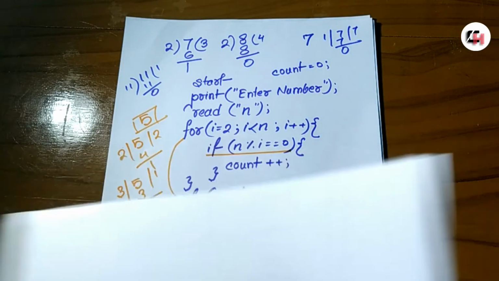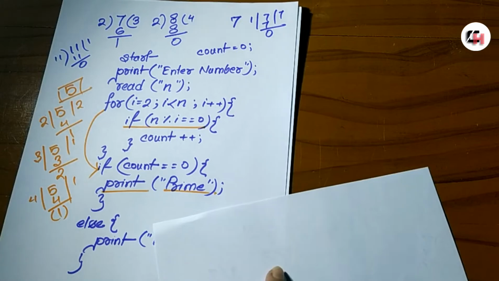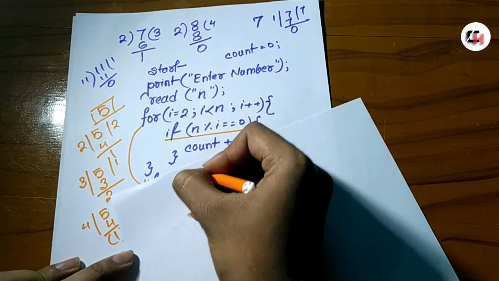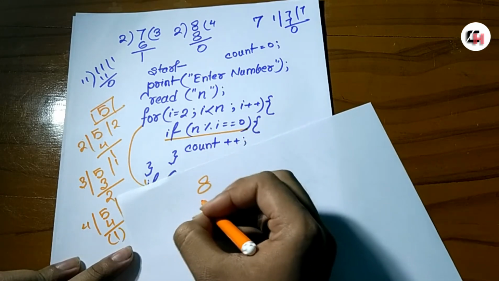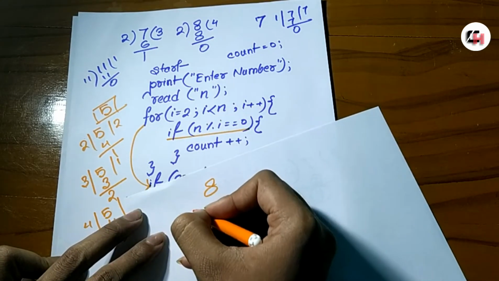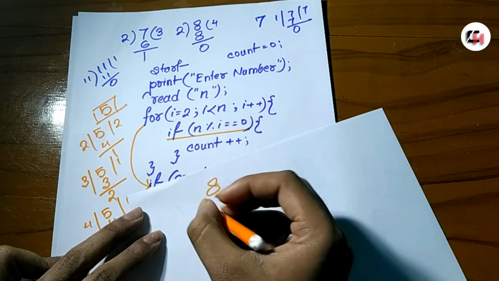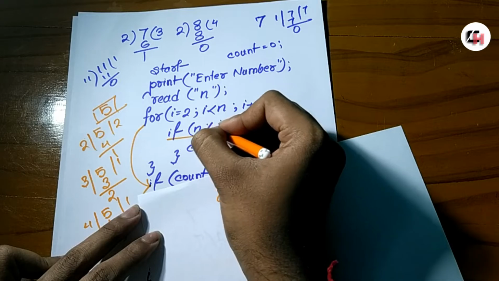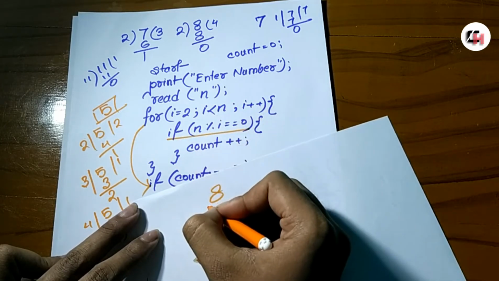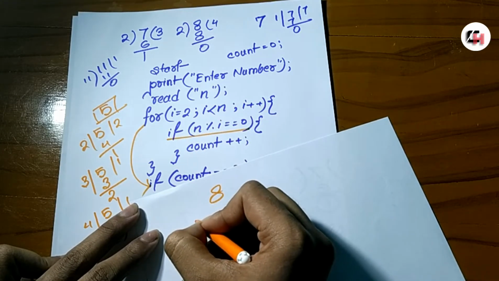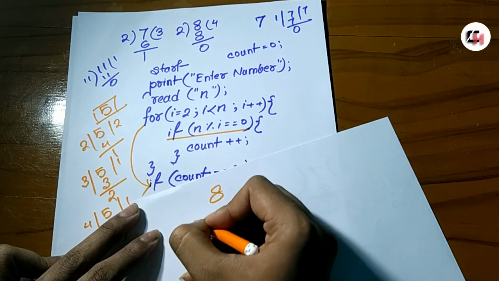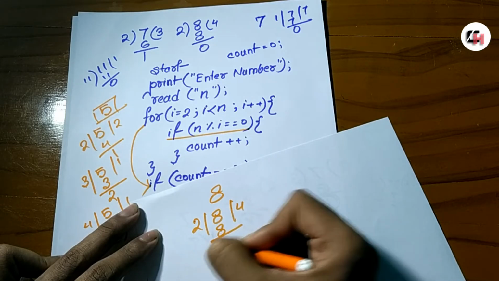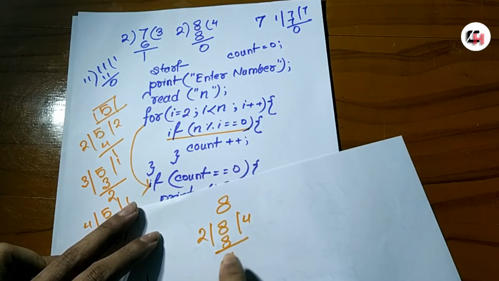So let's run that program one more time. If we take the number 8, it will go to the loop and check the condition 2 less than 8, true. Then it will go inside the loop and check n modulo i equal to 0. Okay, let's check, 8 divided by 2. So the condition is true.